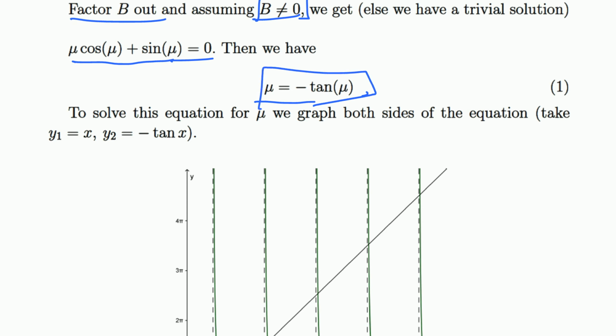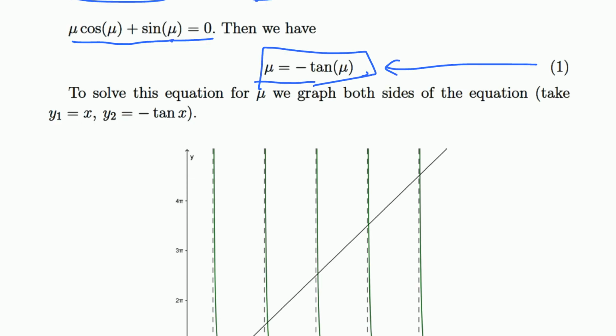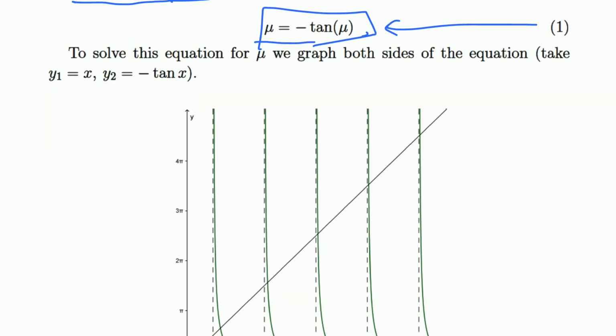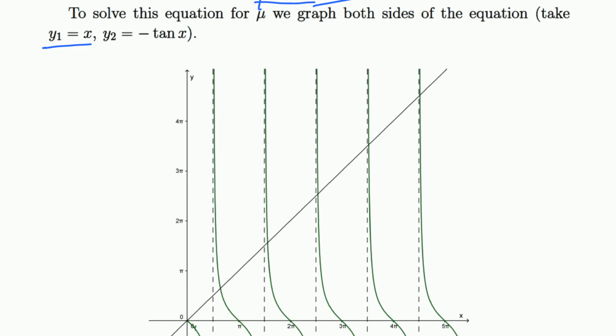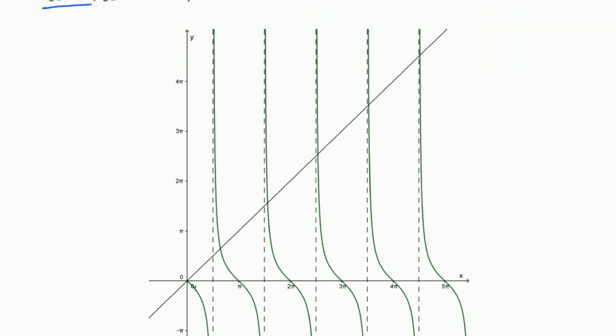Okay, now we need to solve this equation 1. I'm just naming it equation 1 for future reference. So all we have to do is graph x equals negative tangent x. First graph y1, the first curve, as x, and the second curve is y2 equals negative tangent x. So when we graph, we get this.